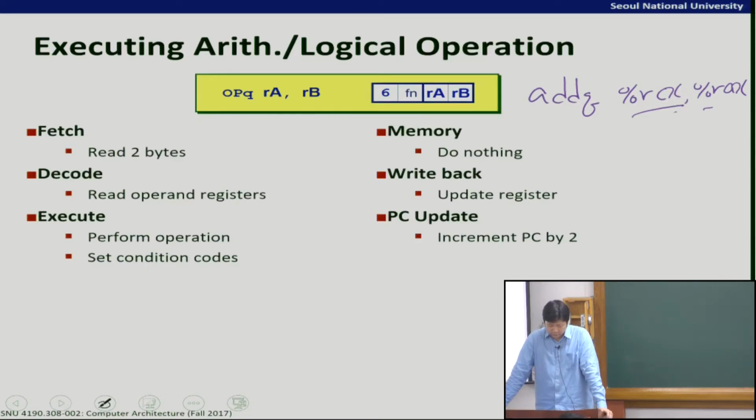In the execute stage, you perform the add of the 2 operands, and also set the condition codes as a result of the computation. In the memory stage, we do nothing; we just skip it. In write back, we update register RAX with the new value, the sum of the 2. And finally, we update the PC by incrementing it by 2. So that's what it takes to execute this instruction.